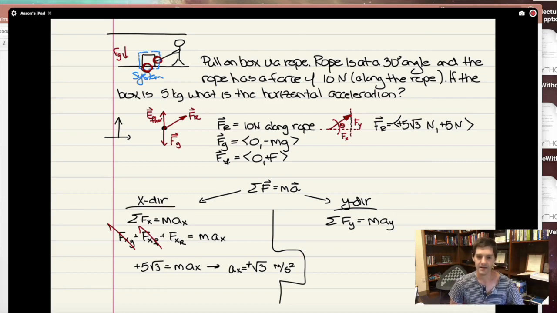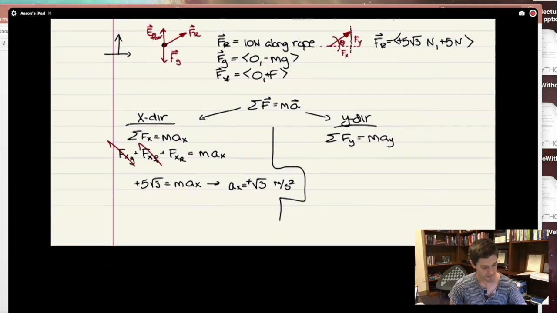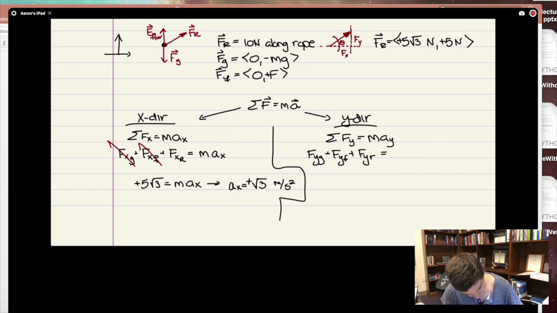We solved for what's going on in the x direction. We can now ask what is going on in the vertical direction. So the sum of the forces, again, there's the y component from gravity, the y component from the floor, and the y component from the rope equals the mass of the box times the acceleration of the box in the y direction.